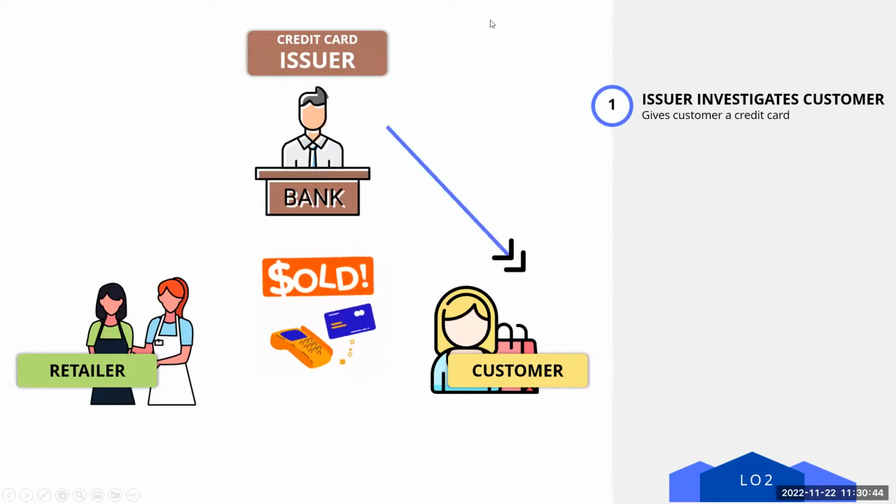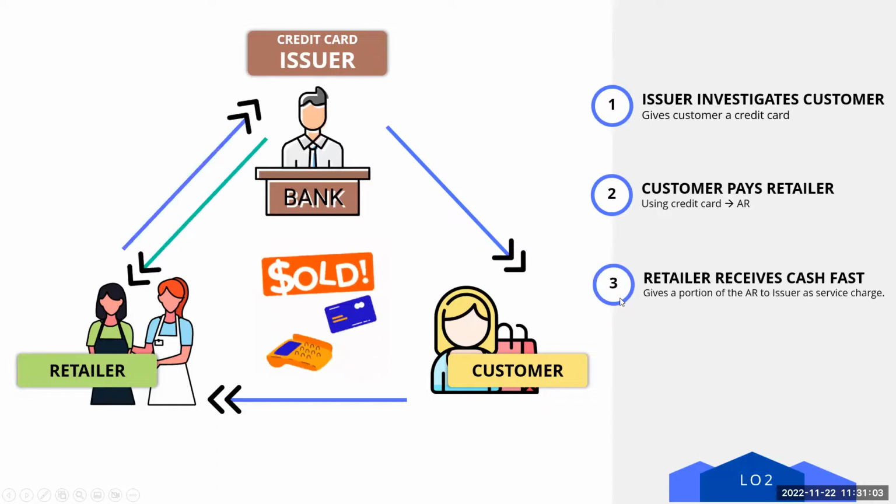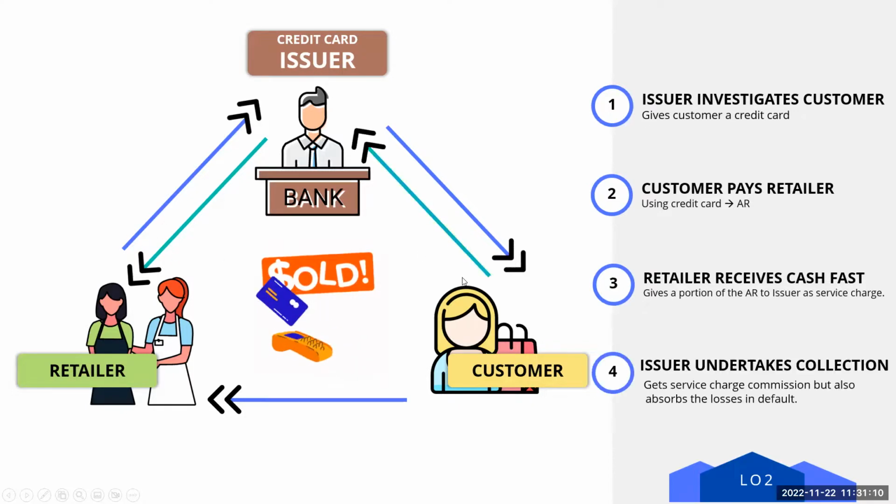So basically what happens is the issuer investigates the customer. So check niya si customer. Kung mukha namang maganda yung credit ni customer, the credit card issuer will give them like a GCash credit card. Now, the customer can pay the retailer using a credit card, and then the retailer receives the cash fast because si credit card issuer yung magbabayad sa kanya.